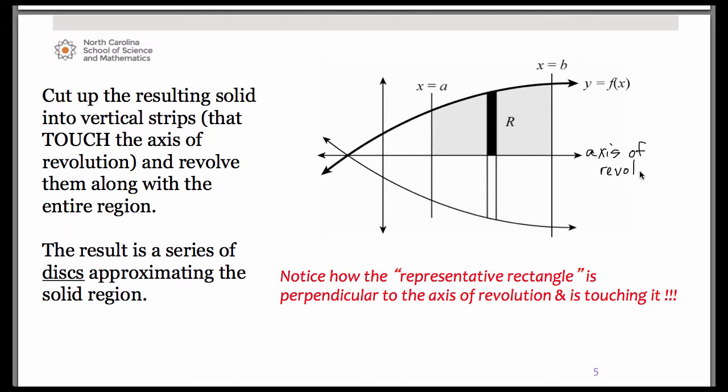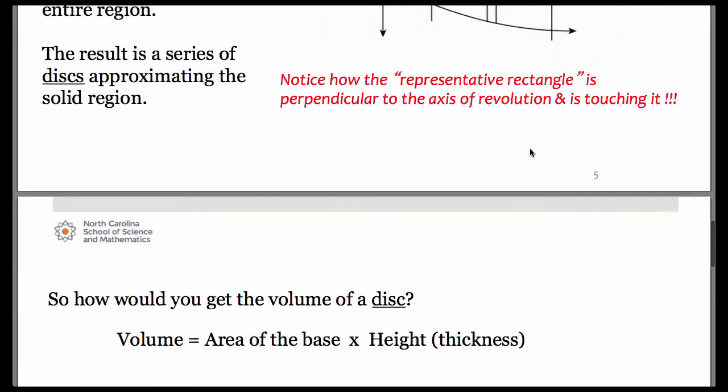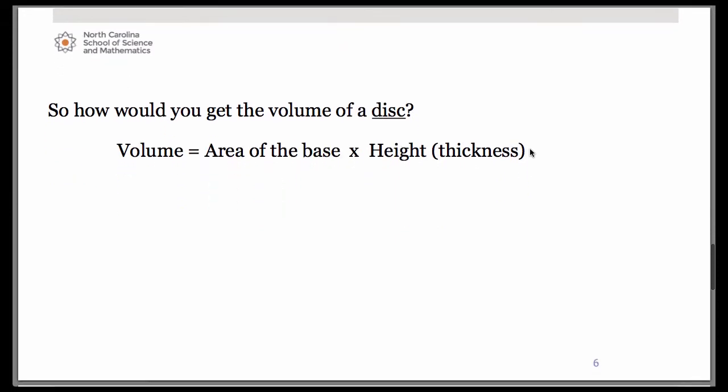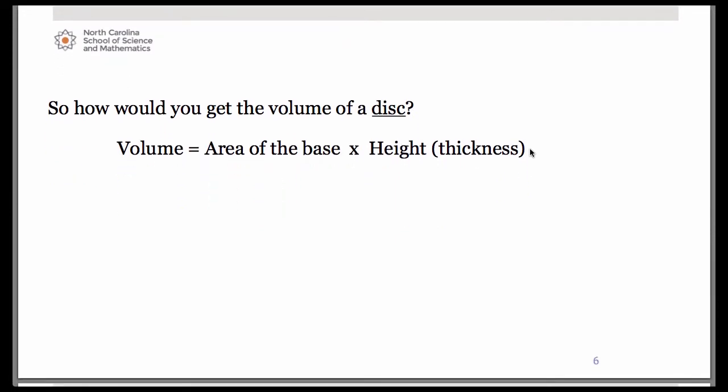So imagine you had a whole lot of these disks in here, and I wanted to find the volume of all of them, add them up, so as to approximate the volume of the solid. Well, we're talking disks.